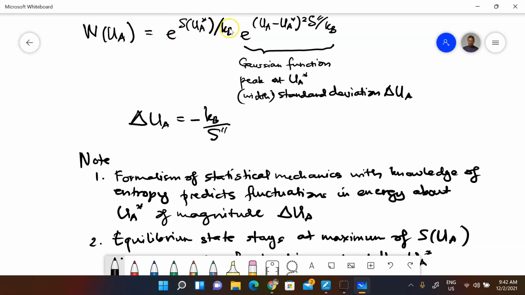So this is a constant term. Remember, previously, down below, we need your ratio between this W(UA) and W(UA star). So this will cancel out because it's a common term for both numerator and denominator. So the one that's going to be left is this. And for W(UA star), this is going to be 0.